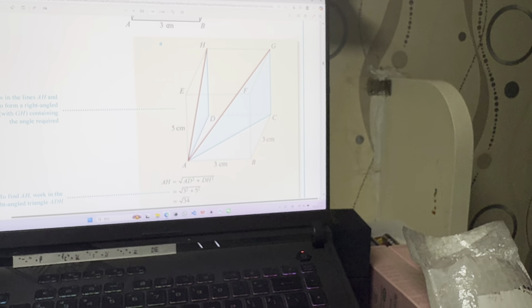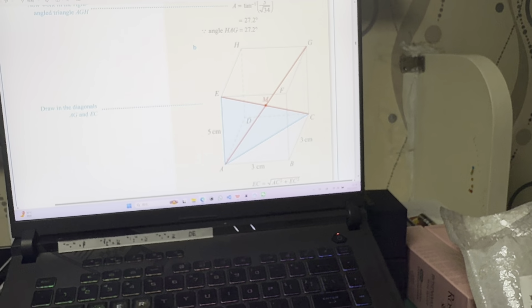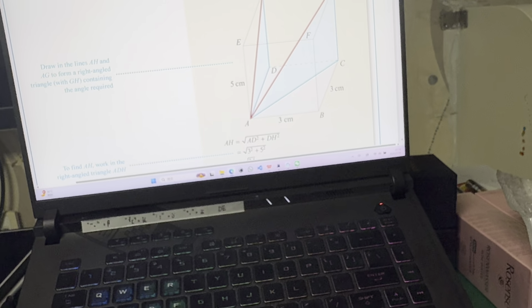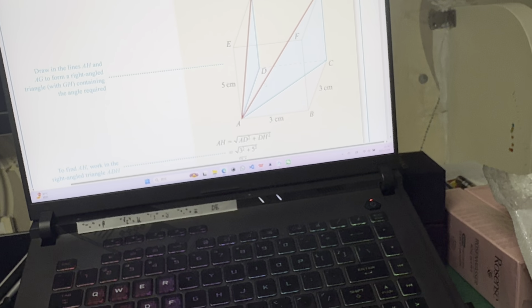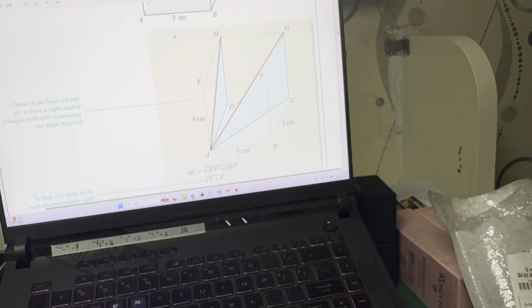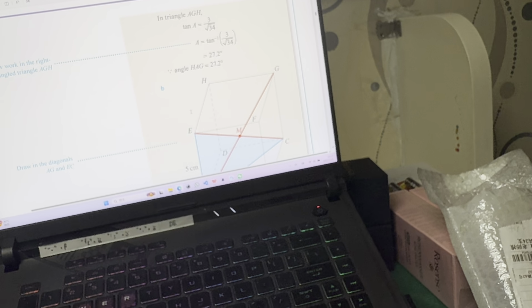If we know AH and AG, then we can use the inverse trigonometric functions to get it. So something like 3 over AH, 3 over square root of 34, is the tangent of AGH. Oh no.